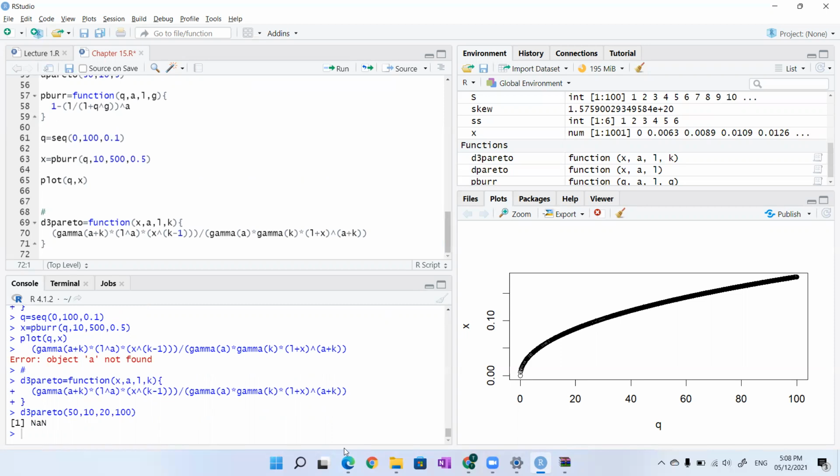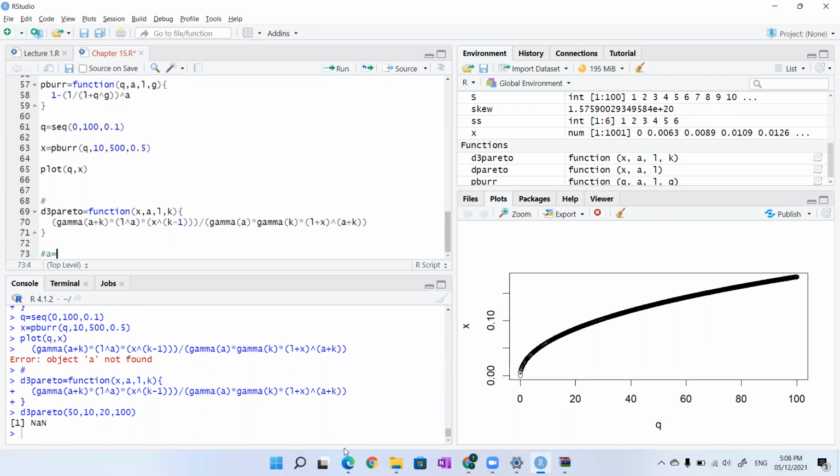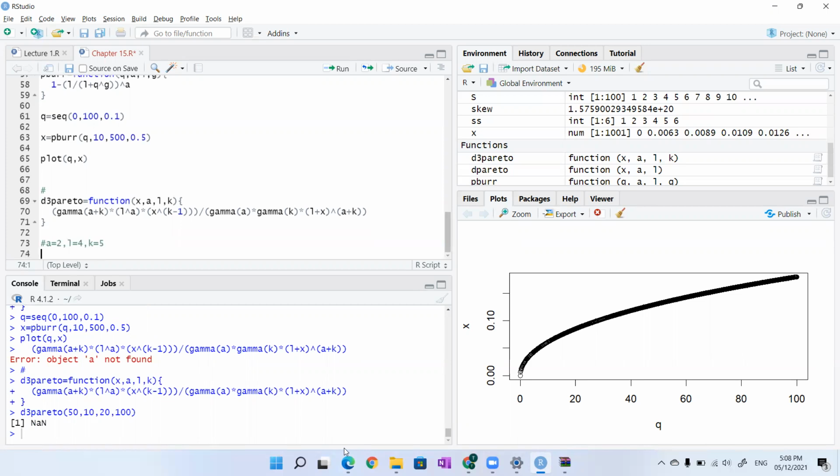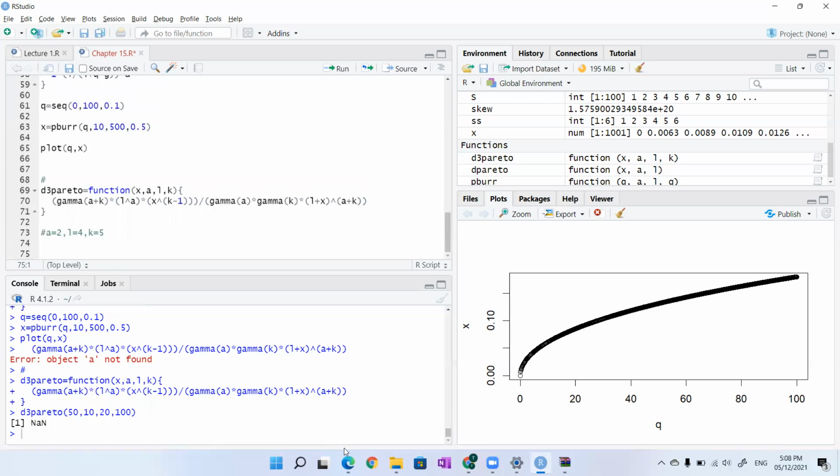Okay, now we have an official question. Alpha is 2, your lambda is 4 and your k is 5. You have to find the probability that Q, that is your PDF, is less than or equal to 10.